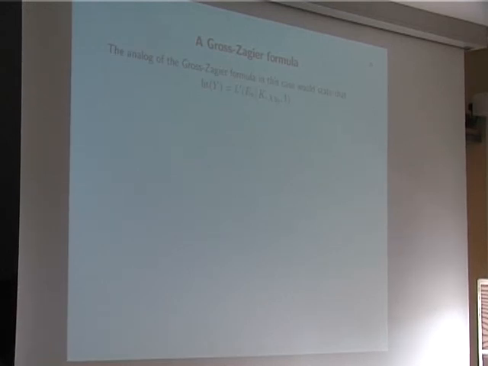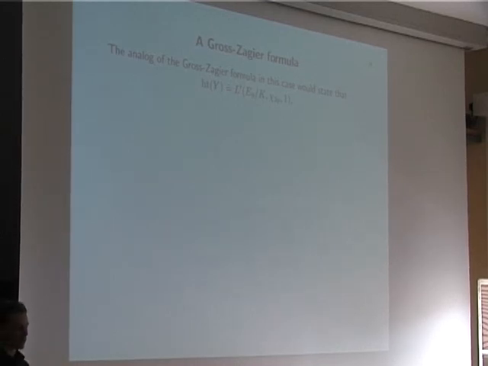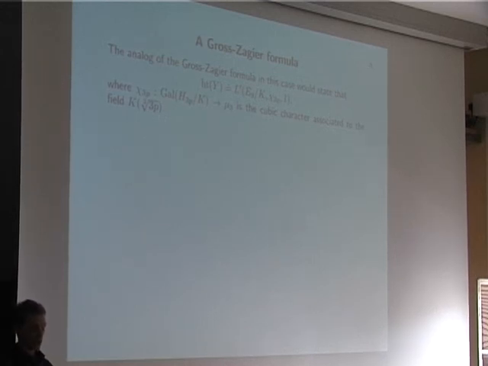So if you believe some kind of Gross-Zagier formula should hold, it would look like this. The height of a CM point y is, up to some factor, the derivative of, let's say, E9 over k, but now I'm considering not the quadratic twist, but the cubic twist. So that means I have to consider this cubic character associated to the field k adjoin the cube root of 3p.